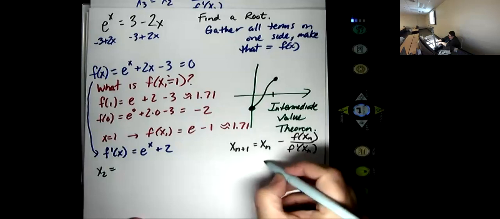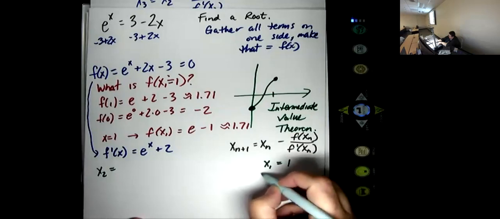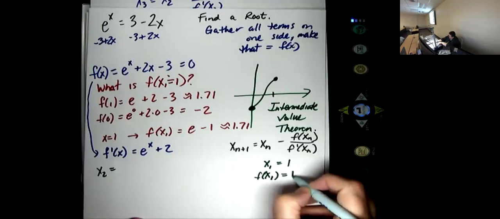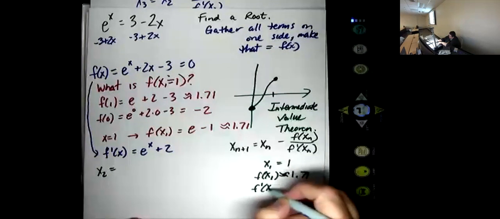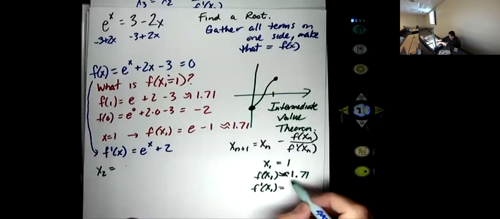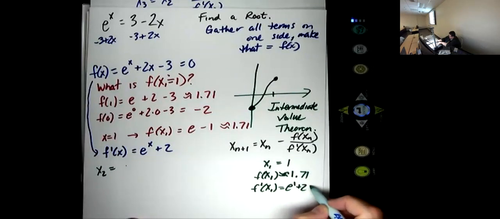We've got x sub 1 is 1, f of x sub 1 is about 1.71. We need f prime of x sub 1. That is e to the first power plus 2, which is about 4.71.